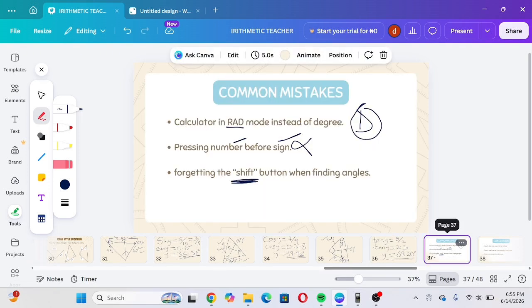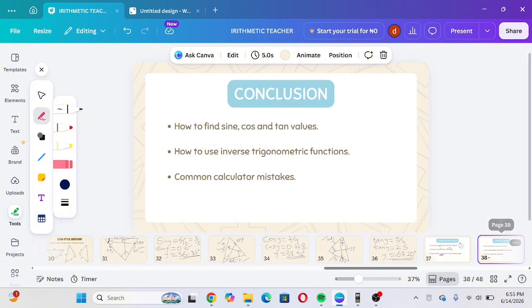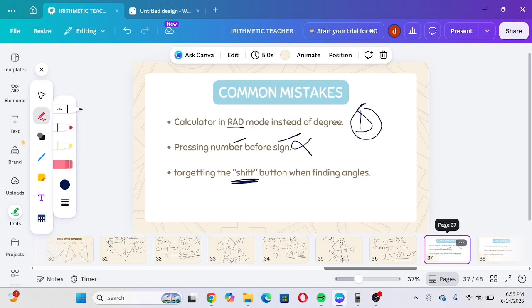So in this class, we were able to look at how to find the sine, cos, and tan of angles, and also how to use inverse trigonometric functions. Then the common mistakes that students make is that sometimes, like I said, their calculator is in radian. So ensure it is in degree before you start solving.